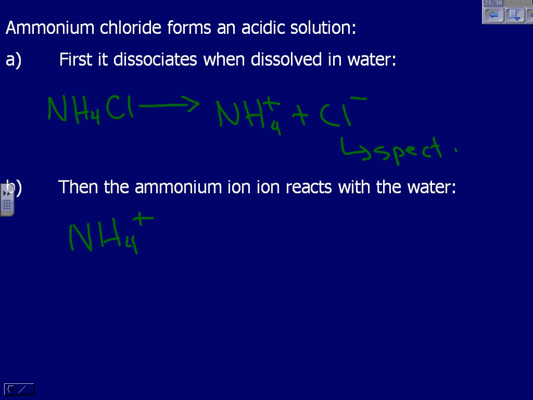Now, there was no OH or H3O+, so I said that you would think it was neutral. And if you answered neutral on a test and gave me the argument that there was no H3O+ or OH, I'd say at this level, yeah, that's good logic. That's correct. But in reality, if there's NH4+ and Cl- in the water, then the Cl is a spectator, and that NH4+ will react with the water. And what products am I going to get here?